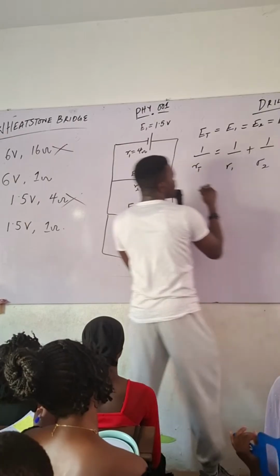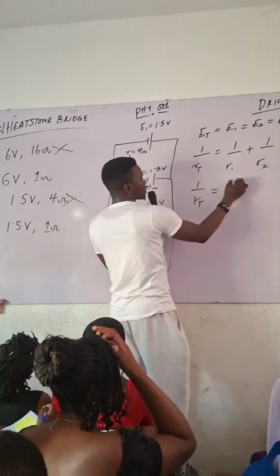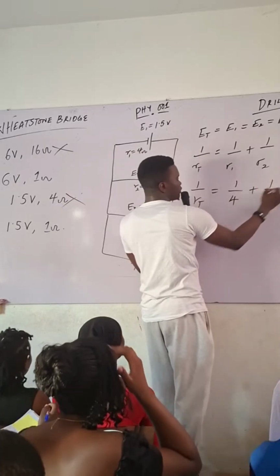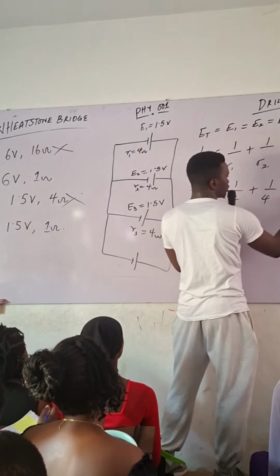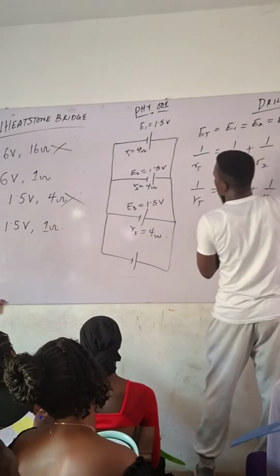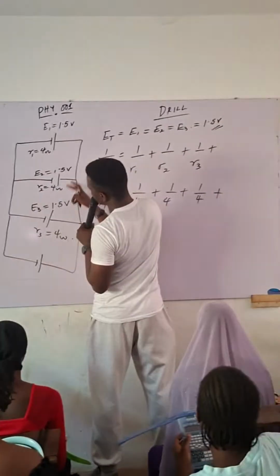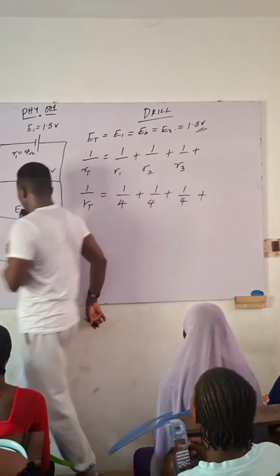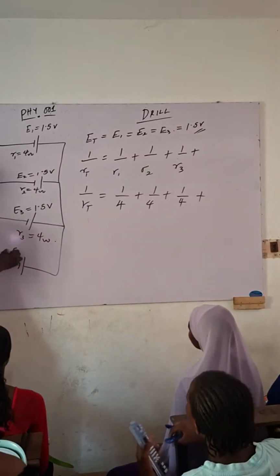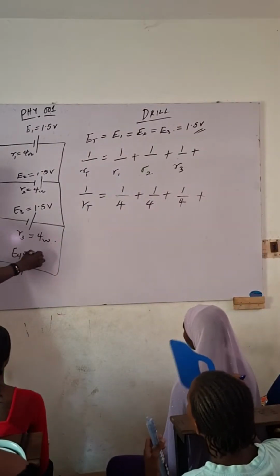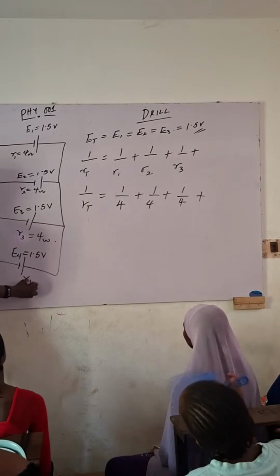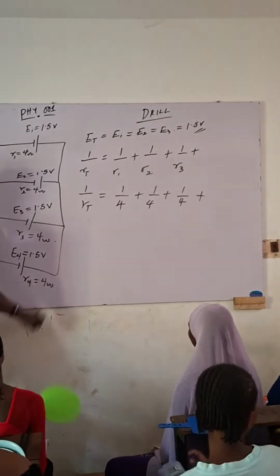And it's easier to solve because it's 1 over 4 plus 1 over 4 plus 1 over 4. Oh, there are 4 of them. I didn't add the last one. E4 is equal to 1.5 volts, and R4 is equal to 4 ohms.